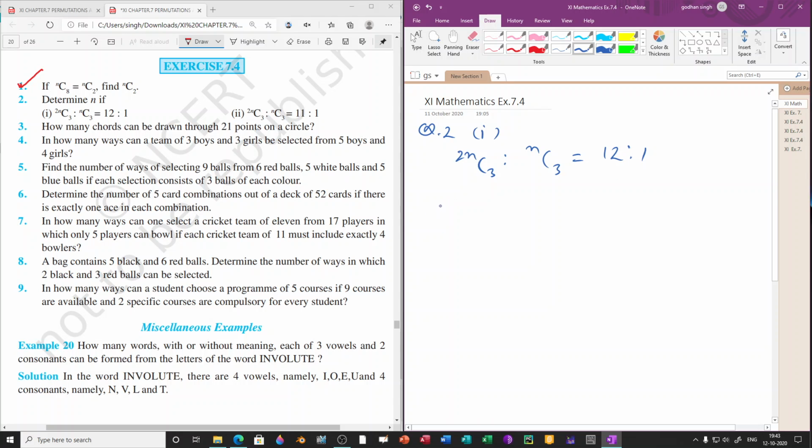So here applying the formula of nCr, here our n is 2n, so 2n whole factorial. It is a must to keep 2n in the bracket, because 2n whole factorial is not the same as 2 into n factorial. So divided by 2n minus 3 whole factorial into 3 factorial, and ratio nC3, that is n factorial over n minus 3 factorial into 3 factorial equal to 12 by 1.